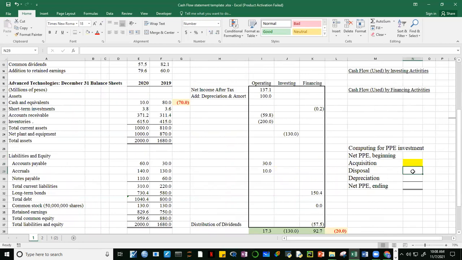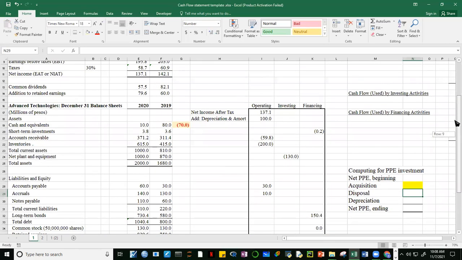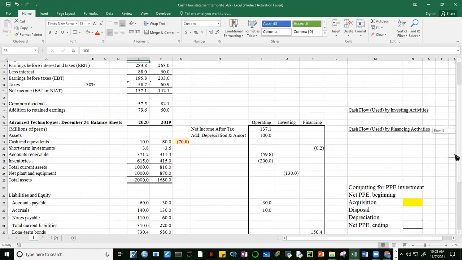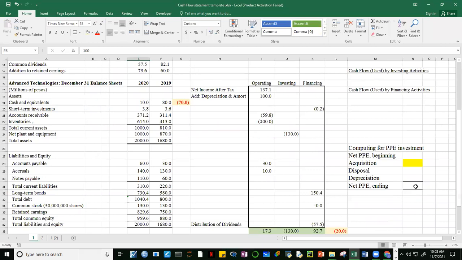The disposal, we're not given any information about some of the fixed assets or PPE being sold, so we can just assume that this is 0. And the depreciation, we know this depreciation for the year is 100. And then we also know the net PPE ending, which is 1,000.